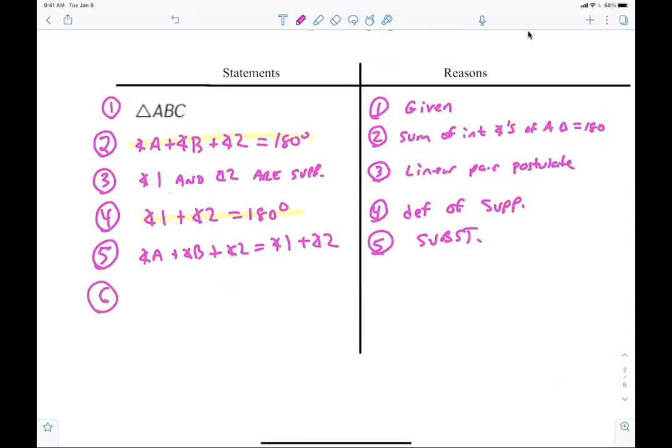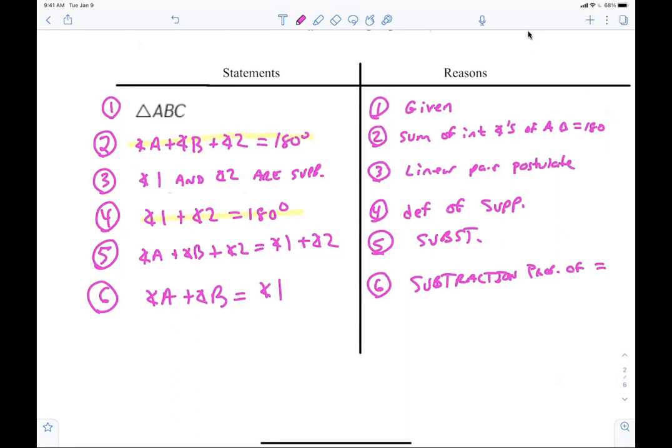Finally, angle A plus angle B equals angle 1. Did we divide? Subtraction property. Or if you divide it, go ahead, put divide. The end. I told you, super easy.